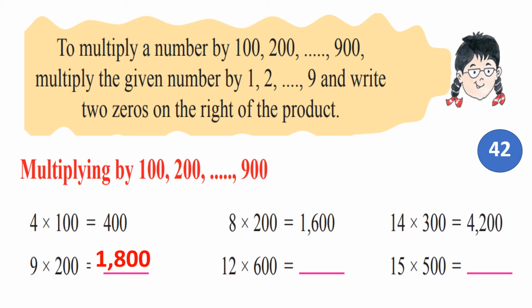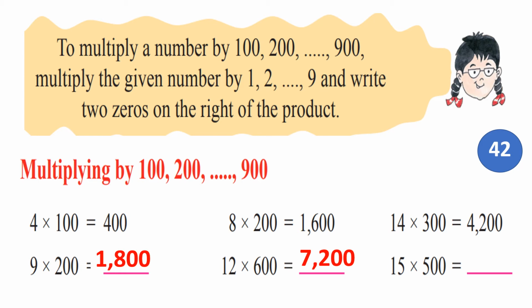Next is 12 times 600. 600 has 2 zeros. Then you multiply 6 times 12. 6 times 12 is 72. Then you have 2 zeros. The answer is 7200. Correct, students?